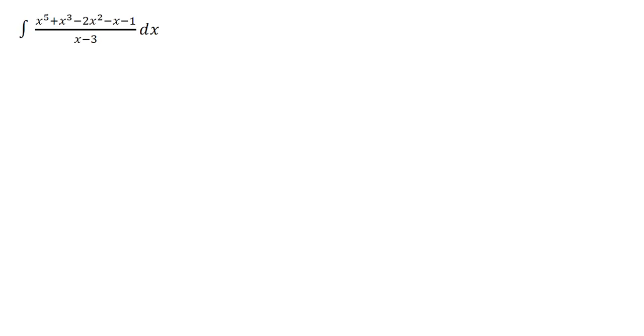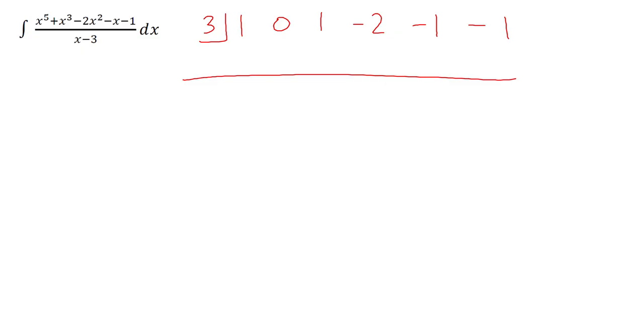Again, we're just going to do the exact same thing. We're going to put a 3 up in the box because that's what makes our denominator 0. We have 1x to the 5th, 0x to the 4th, 1x cubed, negative 2x squared, negative 1x, and minus 1. We'll do the synthetic division. We'll drop the 1 below, as we always do, multiply by the 3 that's in the box, add the 0 and the 3, multiply the 3 that's below by the 3 in the box, gives you 9.